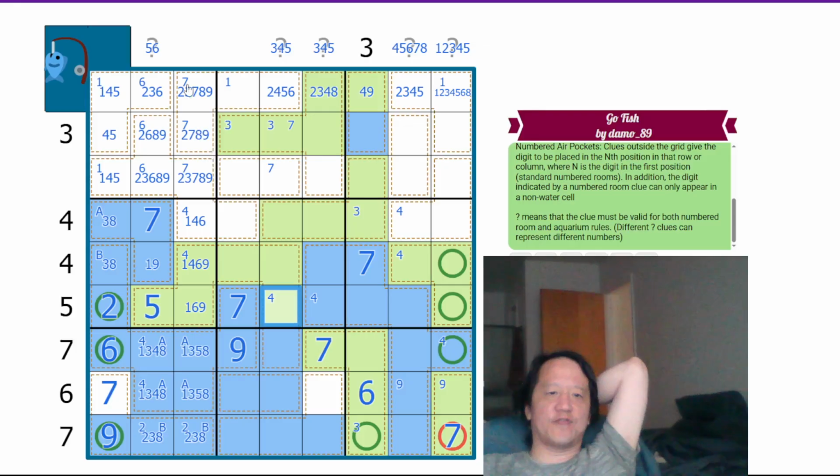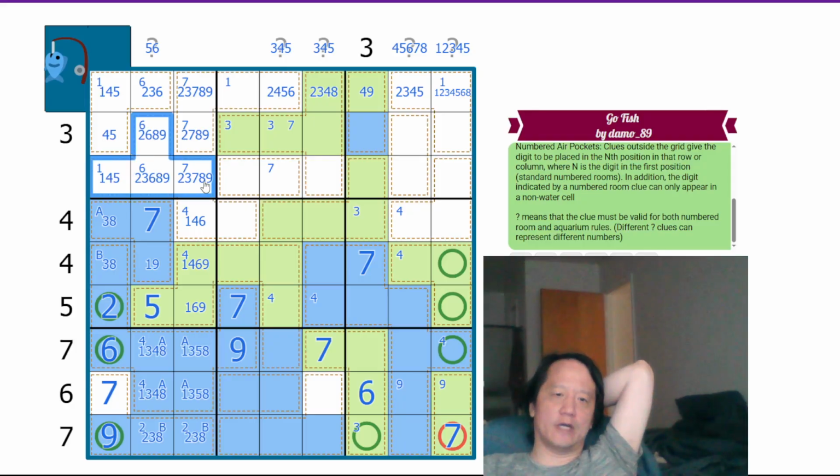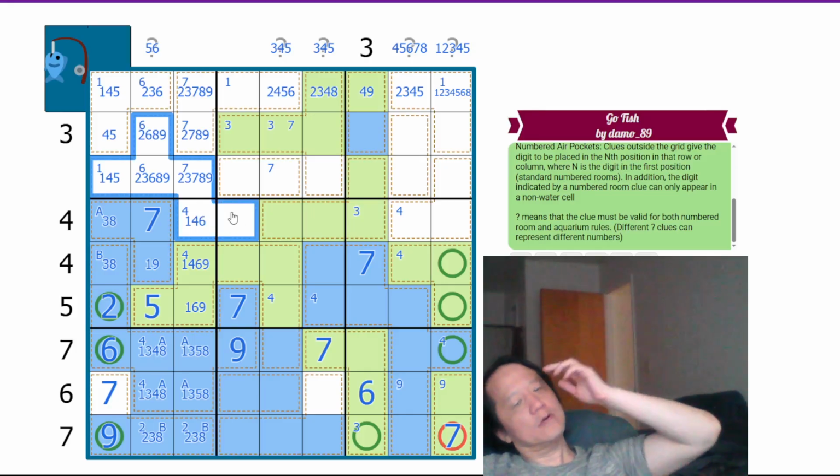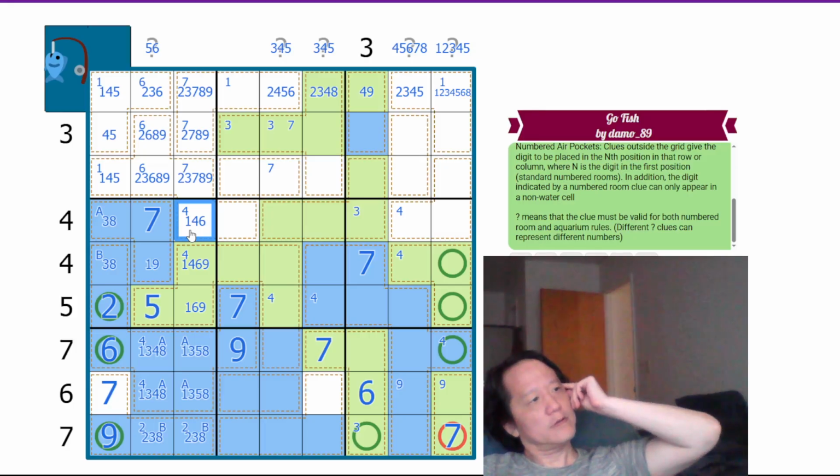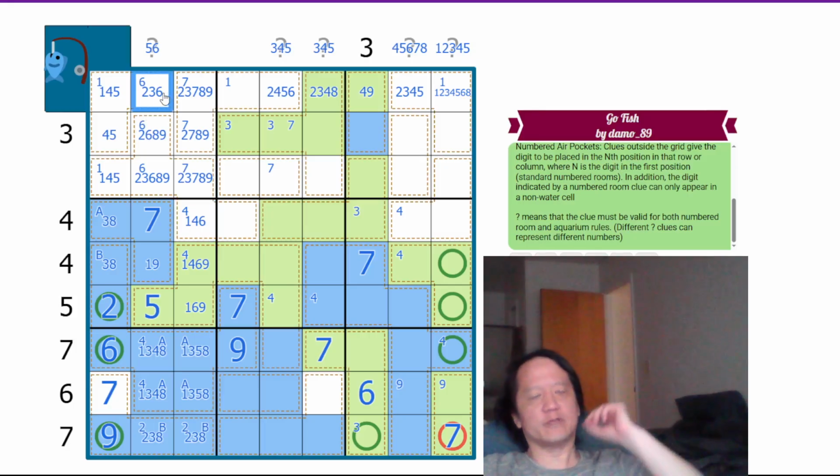If this is 5 here, that means 6 would have to be here. This would have to be all air. In which case, this would be air and that would be air. So 4 would have to be here then. So can this ever actually be 6?